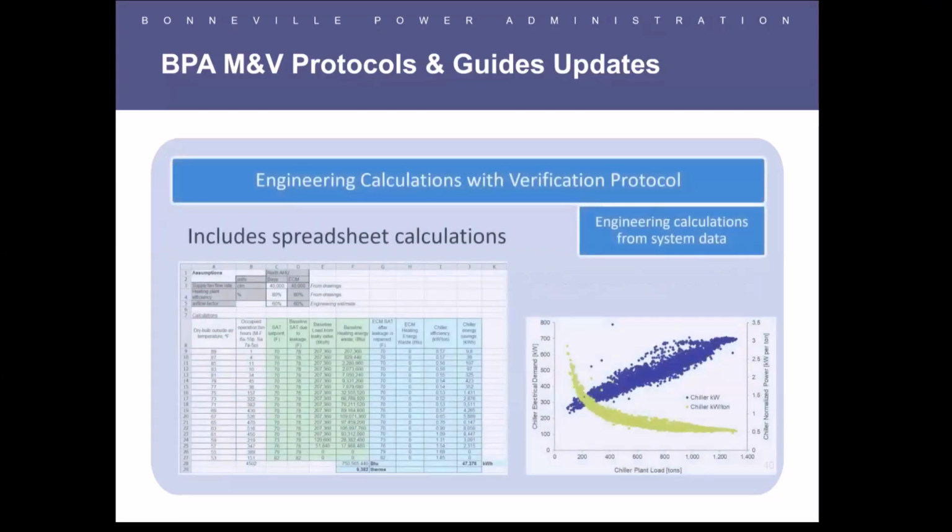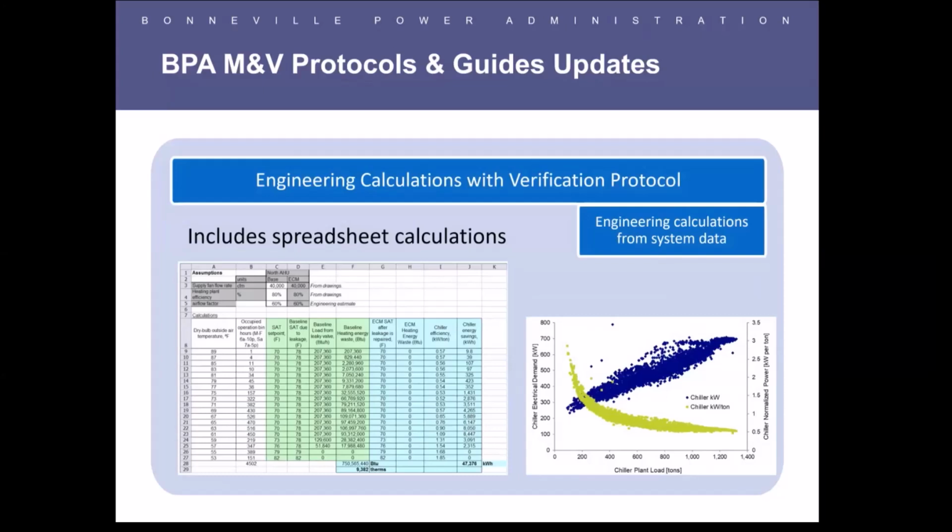Now the other M&V protocol update. This last protocol, of course, is the engineering calculations with verification. And this uses engineering calculations that estimate energy use of systems and equipment and does not require energy measurements.